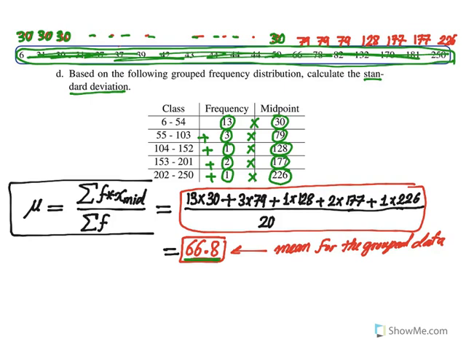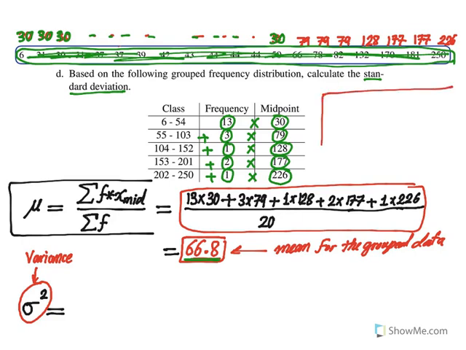And of course, the question here is asking about the standard deviation. So we can compute the variance first. The variance is sigma squared. Let me just remind you, standard deviation is just sigma, but this is the variance. And if you compute the variance, once you're done, just take its square root, and you will get the standard deviation.